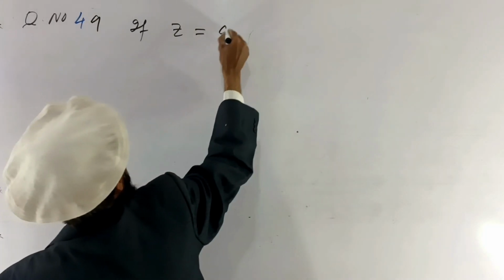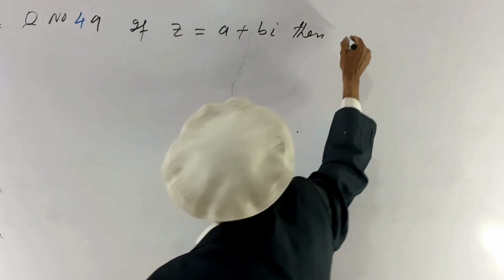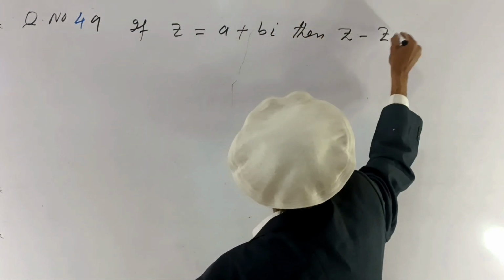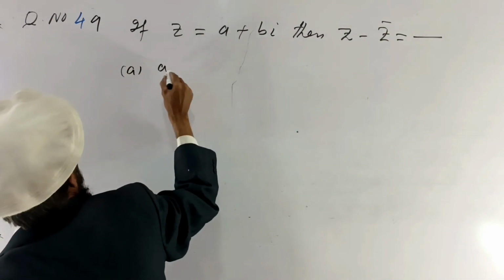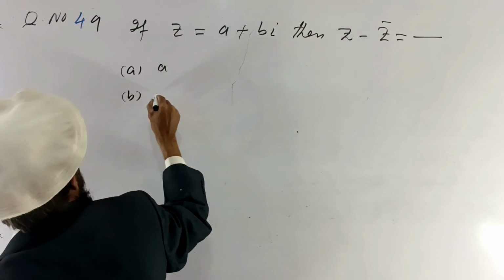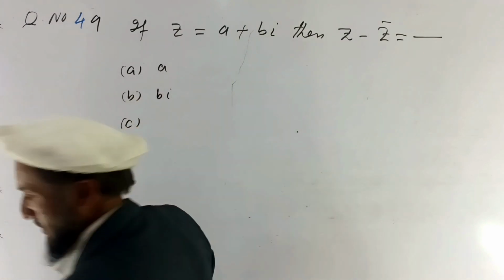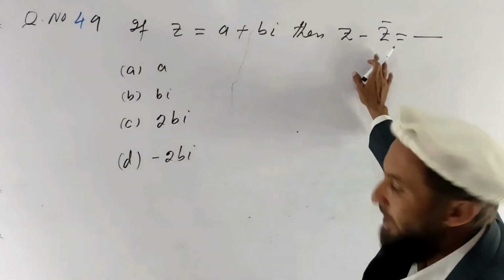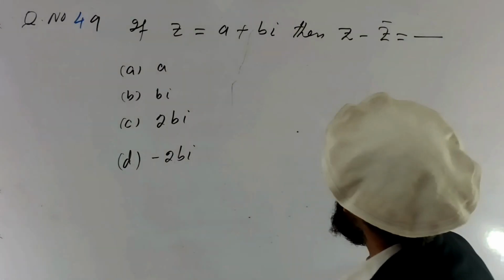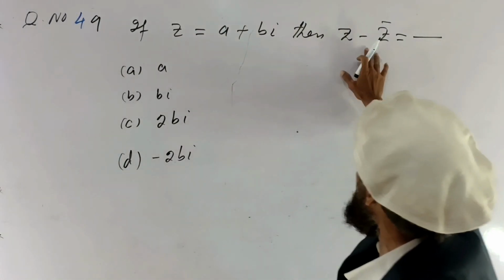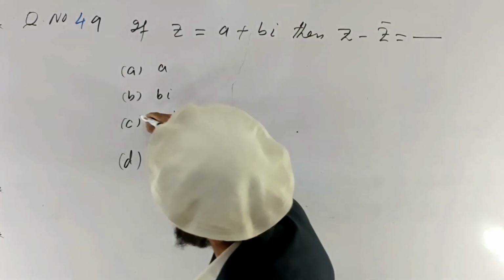If z is equal to a plus b iota, then z minus z bar is equal to what? A, a; B, b; C, b iota; and D, 2b iota. Z minus z bar, what is the result? Look here, we have already discussed the property, so the result will be 2bi.